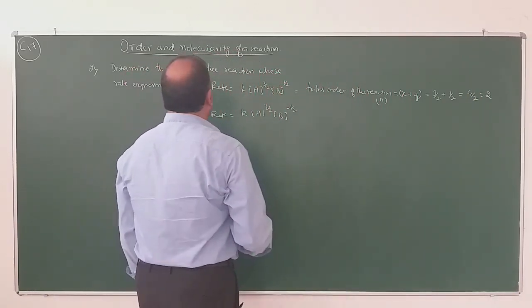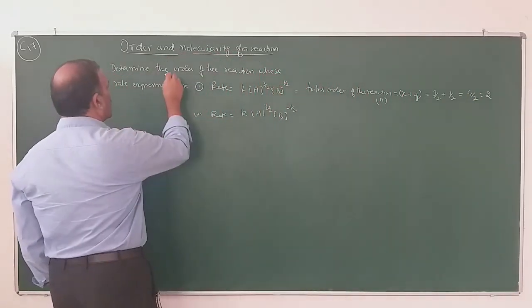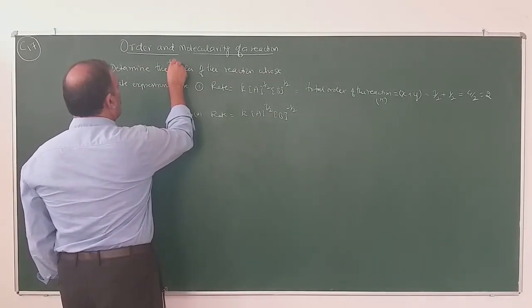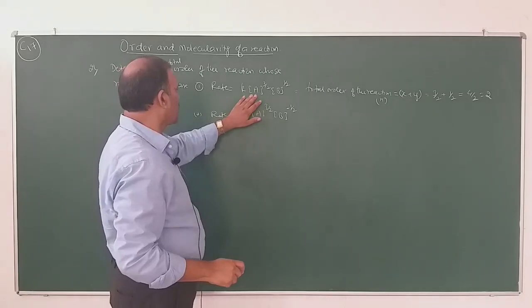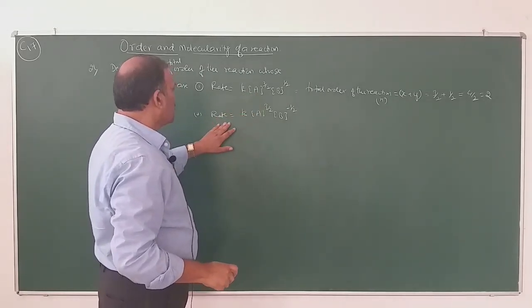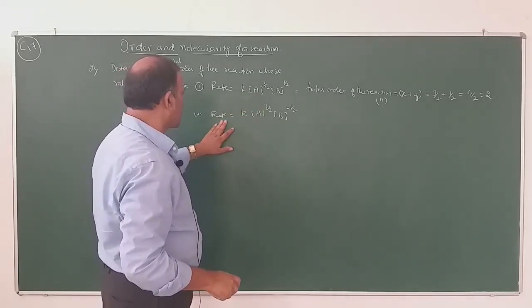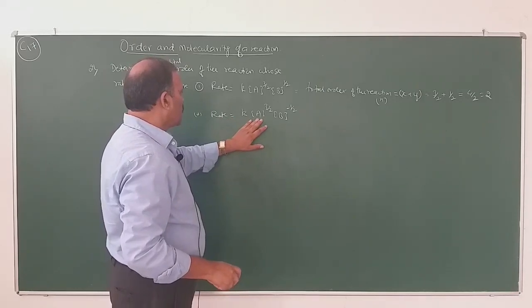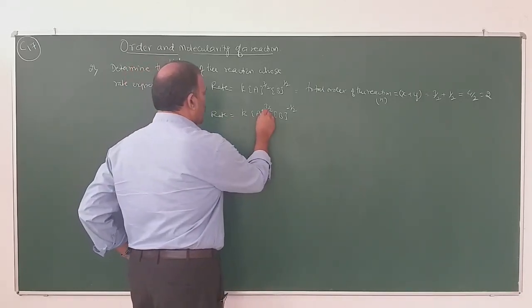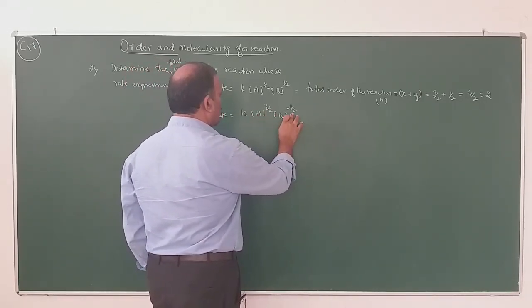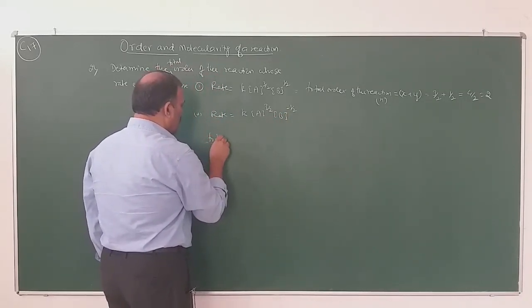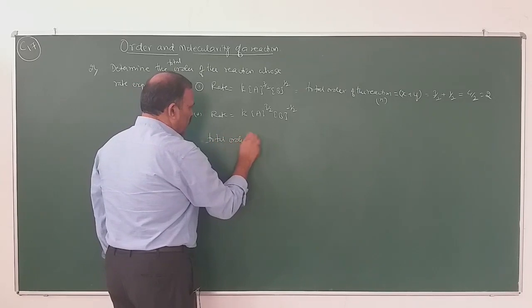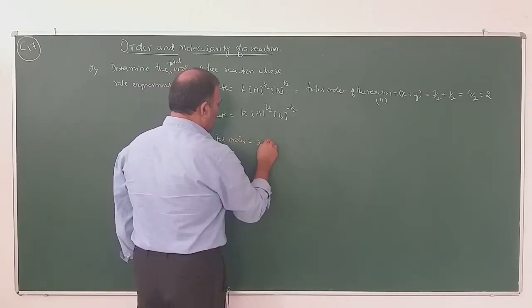Similarly, determine the total order of the reaction whose rate expressions are given. This is the rate expression for your first reaction. This is the rate expression for the second reaction. K is equal to 8 concentration of A to the power of 3 by 2, concentration of B to the power of minus 1. So here what is the total order? Total order is equal to x plus y.